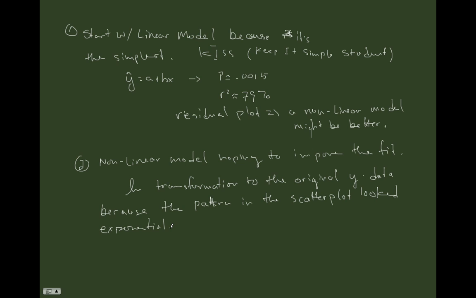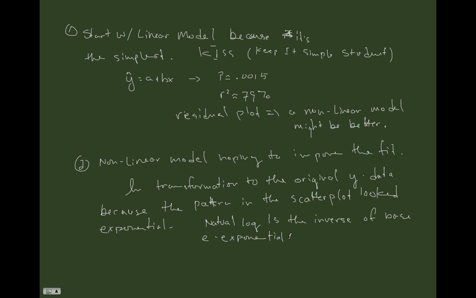And you might be thinking, natural log transformation for an exponential pattern? It's because natural log is the inverse of base E exponential. This is a little bit paraphrased, but that's the idea.